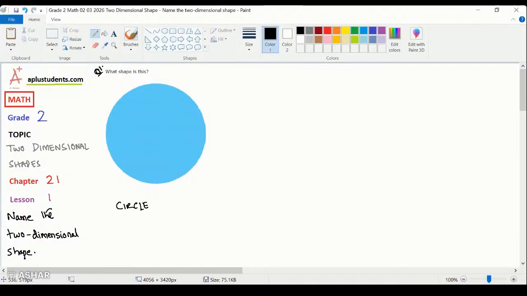And a circle has no pointed edges. Edges are also known as vertices, vertex, okay? It has no edges on it.